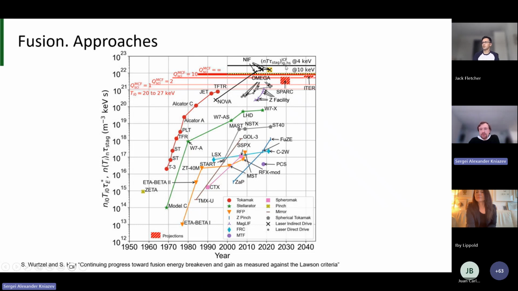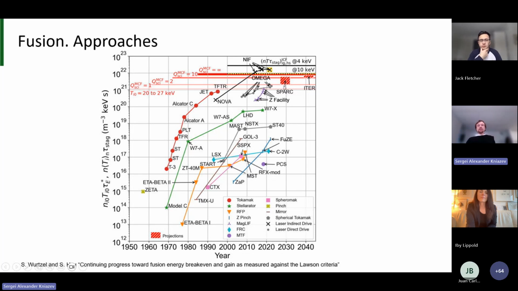And some of the future devices like ITER, which is an international project, a tokamak, or SPARC, which is developed by Commonwealth Fusion Systems, are engineered for Q equal 10 or 11 in the case of SPARC.